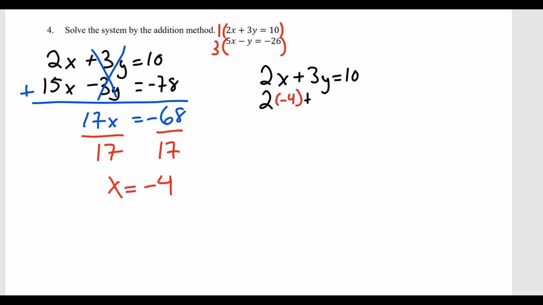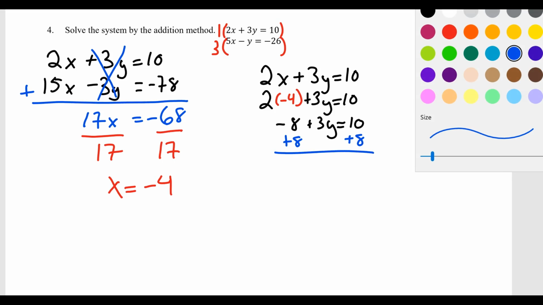So I've got 2 times negative 4 plus 3y is equal to 10. Well, 2 times negative 4 is a negative 8 plus 3y is equal to 10. I've got to get y by itself, so I'm going to add 8 to both sides.